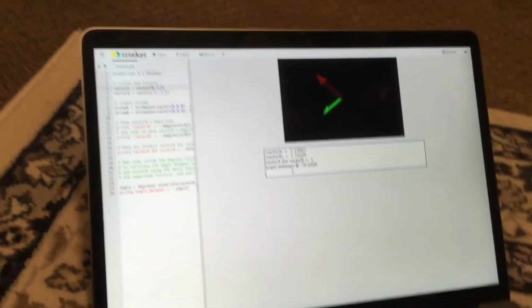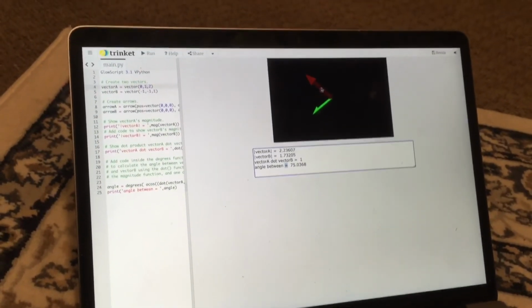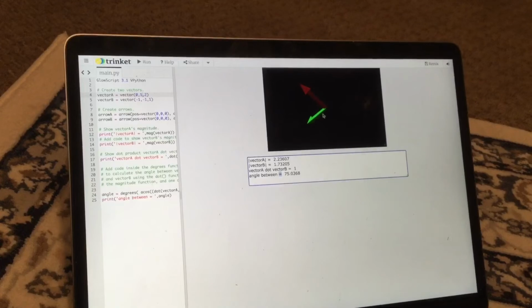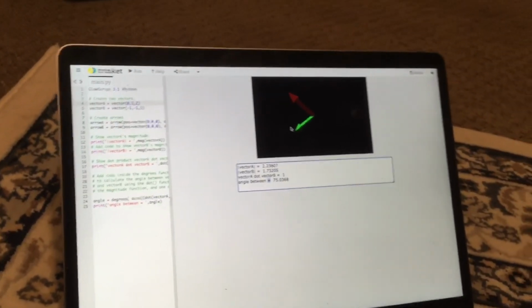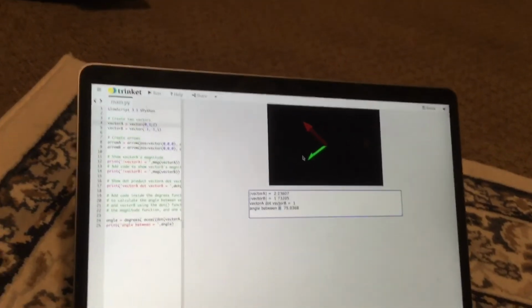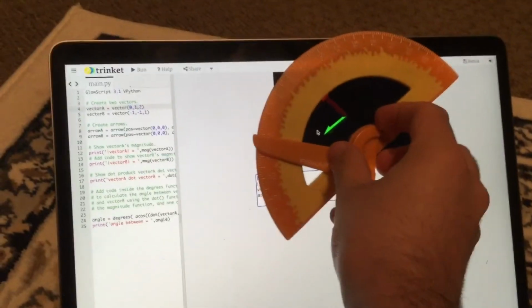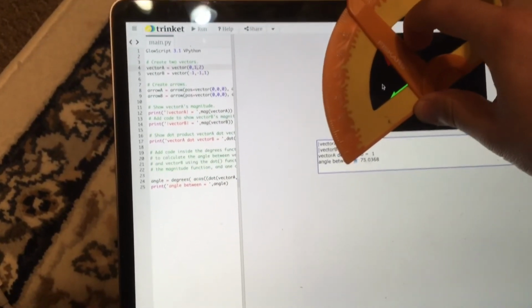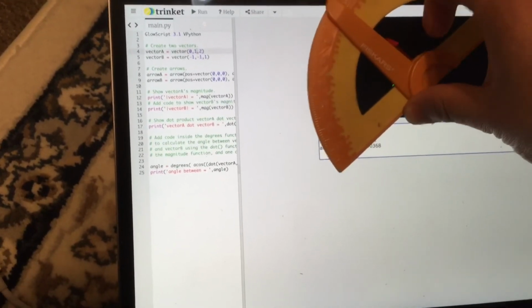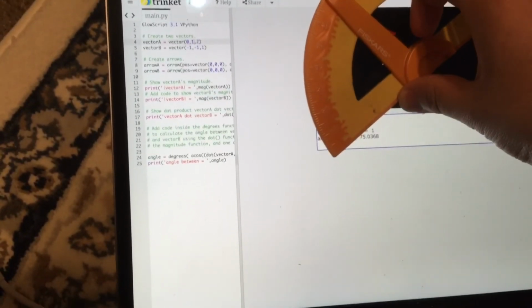I get 90 with a dot product of 0, and then an acute angle of 75 with a positive dot product, which I get. Now let me check the protractor. No, that's not 90. Let me put it exactly here.